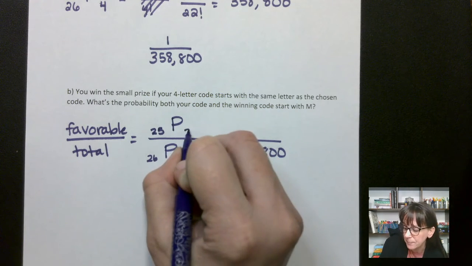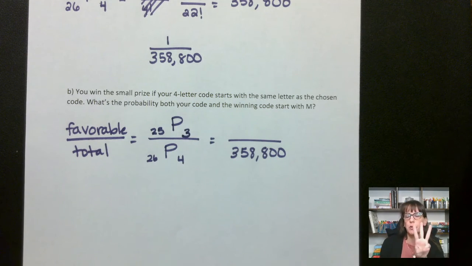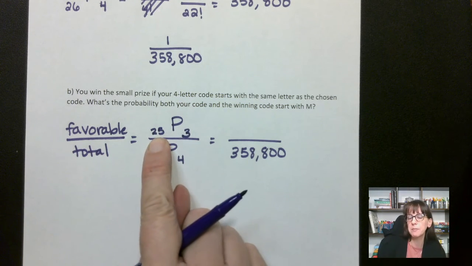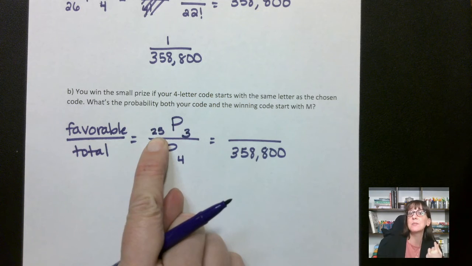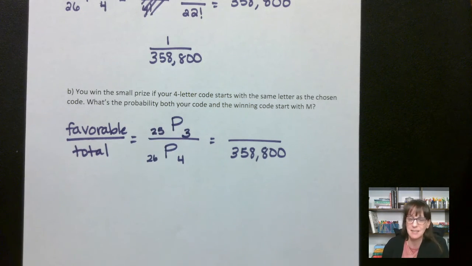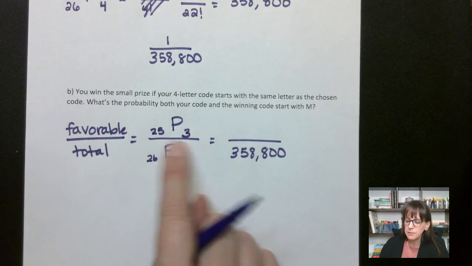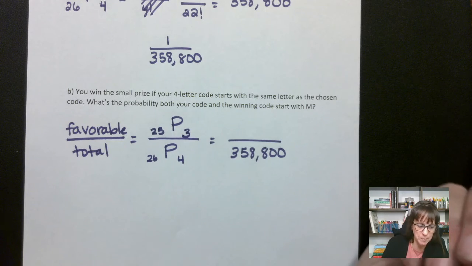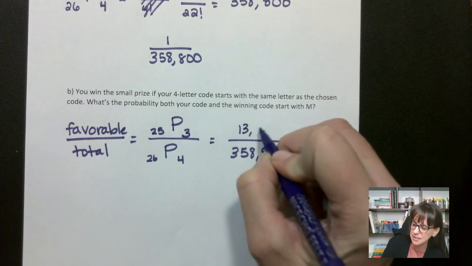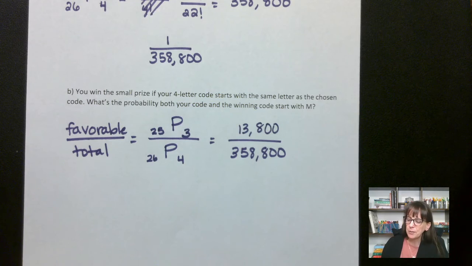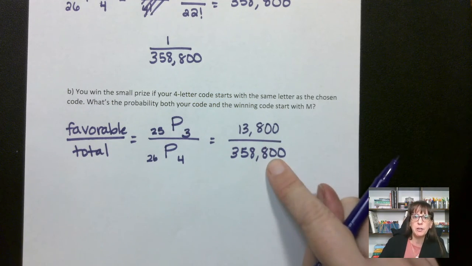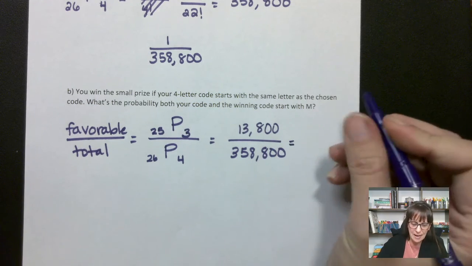It's going to be 3 because all I'm worried about are the 3 that come after that first M. And I can only pull from this pool of 25 because we've already used the M, the 26th letter there. So if I plug that permutation into our calculator, we get 13,800.